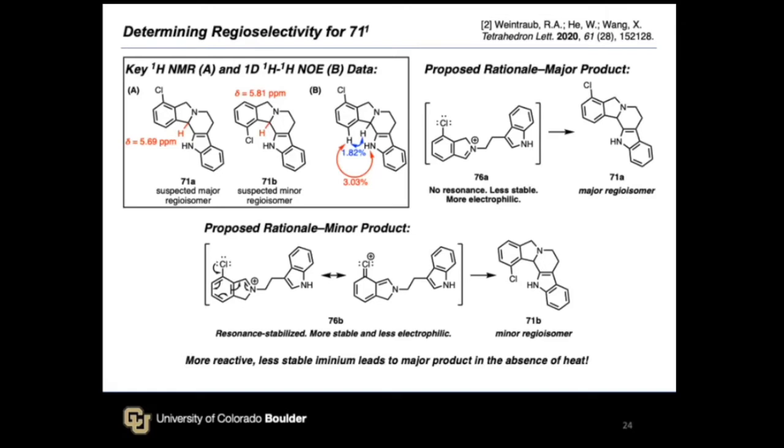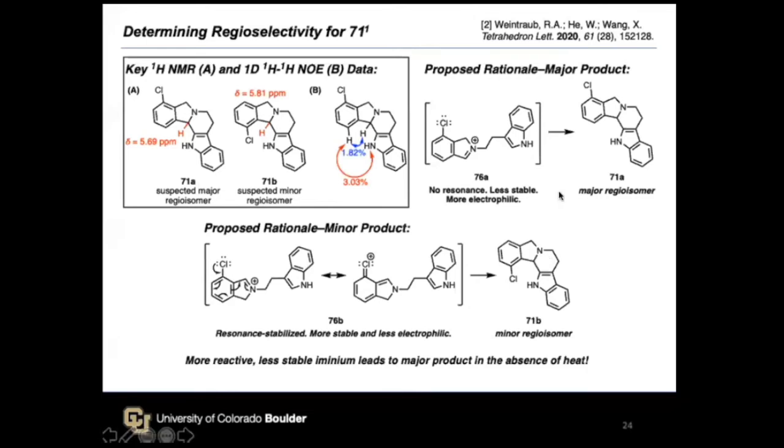But we wanted to confirm this, so we used proton-proton NOE data to do that. And we did find that 71A was the major regioisomer.